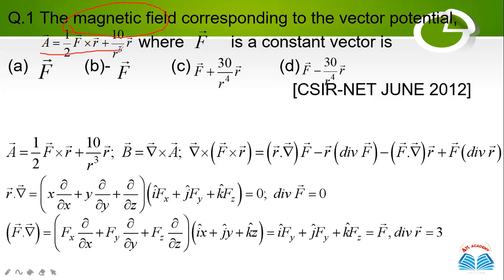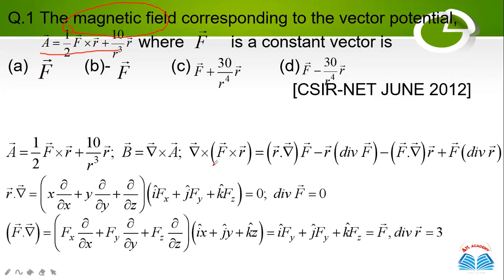So you know the formula: B equals del cross A. But this A is in vector form, and it is a combination of two vectors F and R. So just do the stuff: B equals del cross A, put in this whole value, and separate it using the cross.